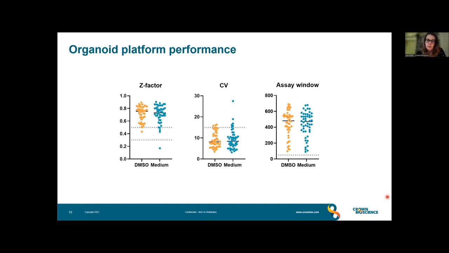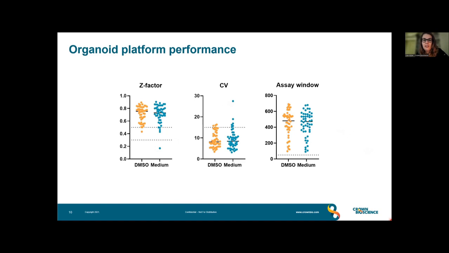As you can see, there is one model that is definitely not meeting our quality standards. After we perform the assay, we are of course excluding this data and repeating the assay. On the right, you can see the assay window.